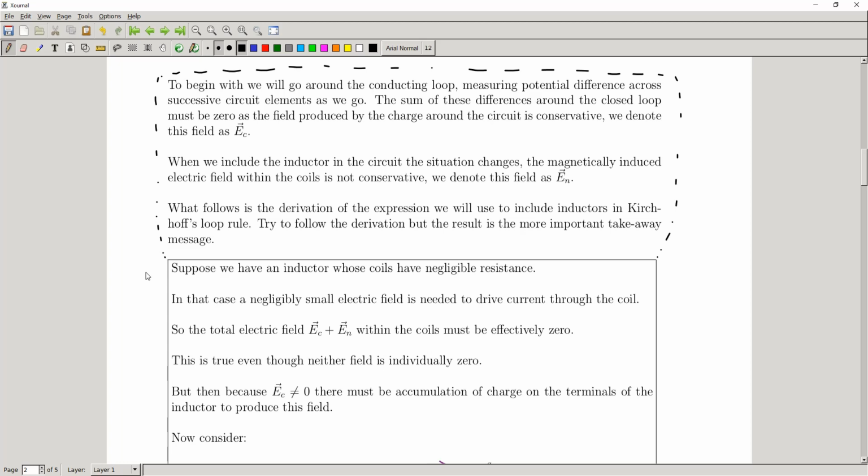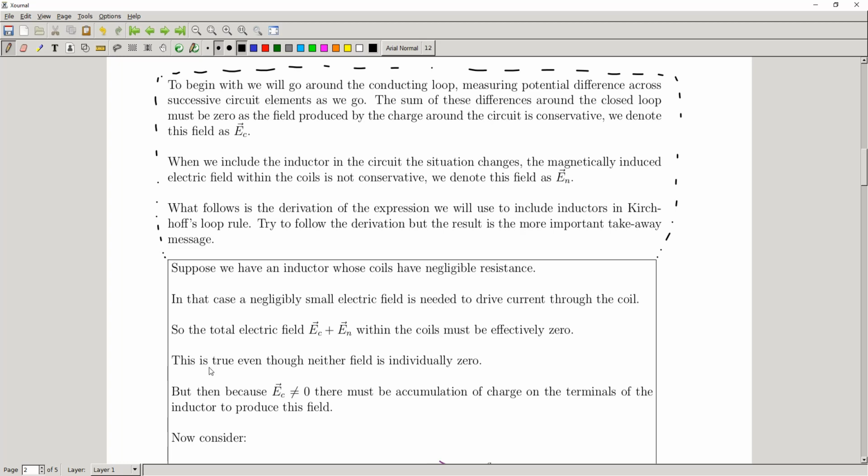So if we have no resistance, well then it must mean that we need a very small electric field to drive the current through the coil, right? So that must mean that the total electric field, our conservative electric field plus our non-conservative electric field within the coil, is basically 0. Okay?